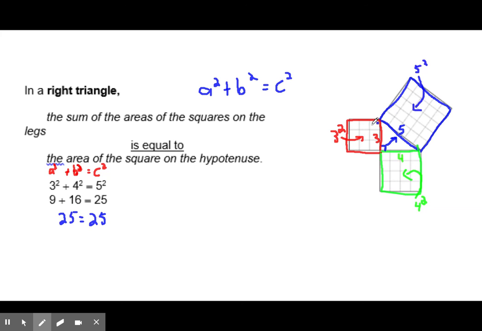So if I add the 2 squares that represent my legs, which were 4 squared and 3 squared, or 9 and 16, if I add them, I get the same amount of squares that are in my hypotenuse, or 5 squared, which would give me 25 total squares. So again, if I add the total squares for my legs, I get the total squares in my hypotenuse.